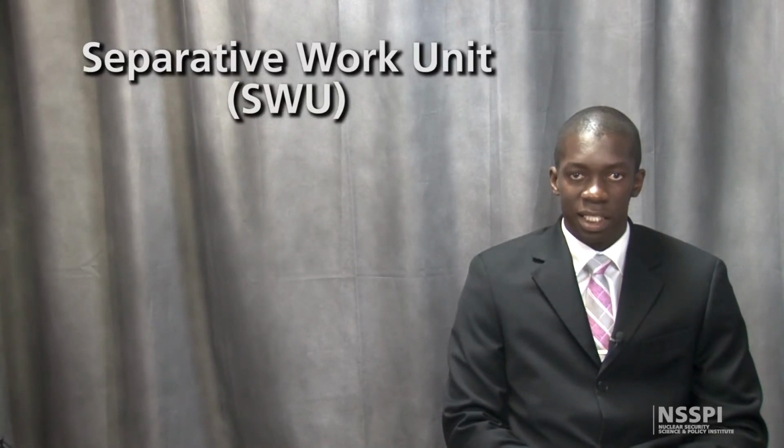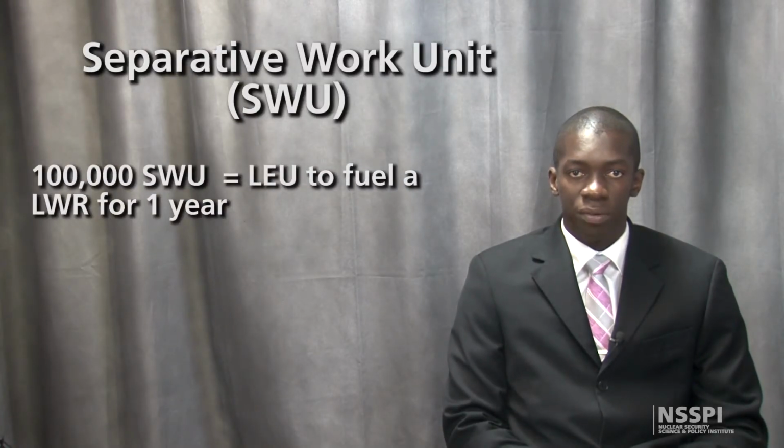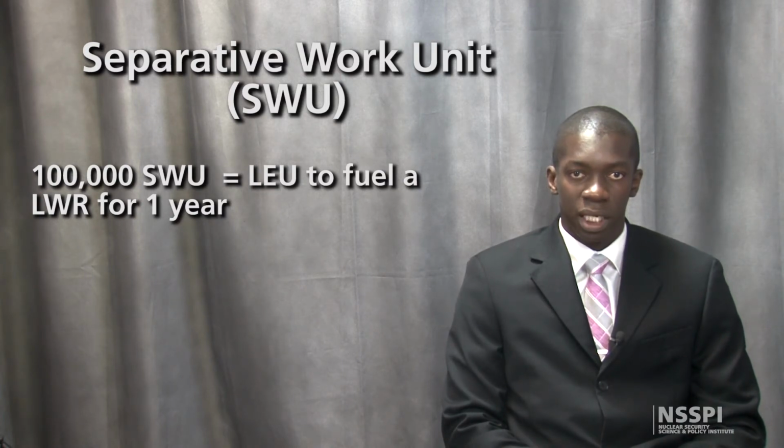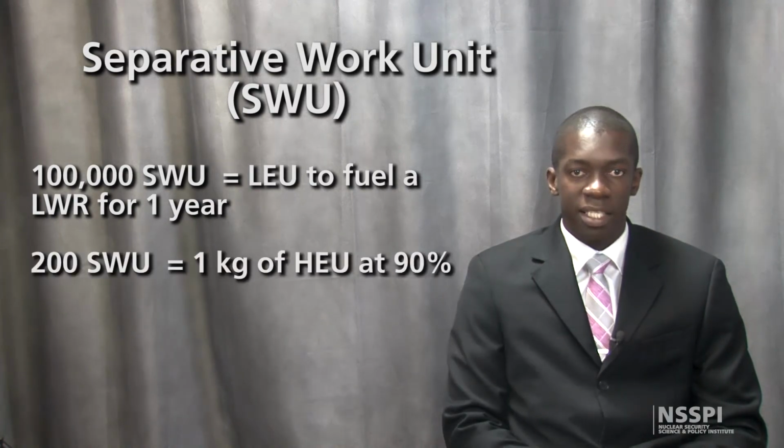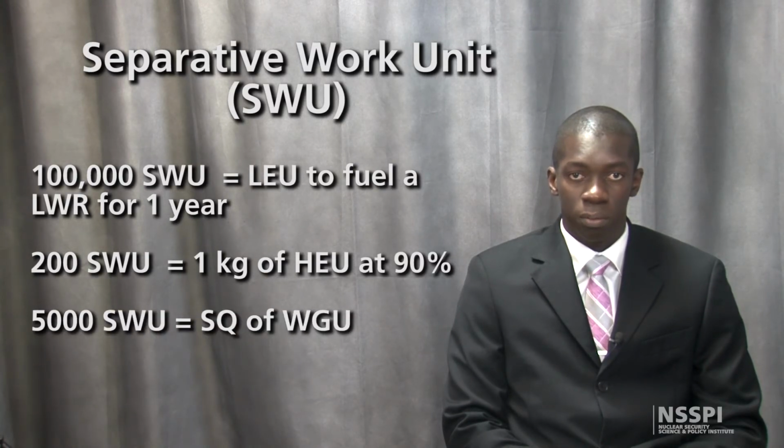Generally speaking, it takes approximately 100,000 SWU to produce enough low-enriched uranium to fuel a light water reactor for a year of operation. It takes around 200 SWU to produce a kg of uranium enriched to 90%, and approximately 5,000 SWU to produce a significant quantity of weapons-grade material.